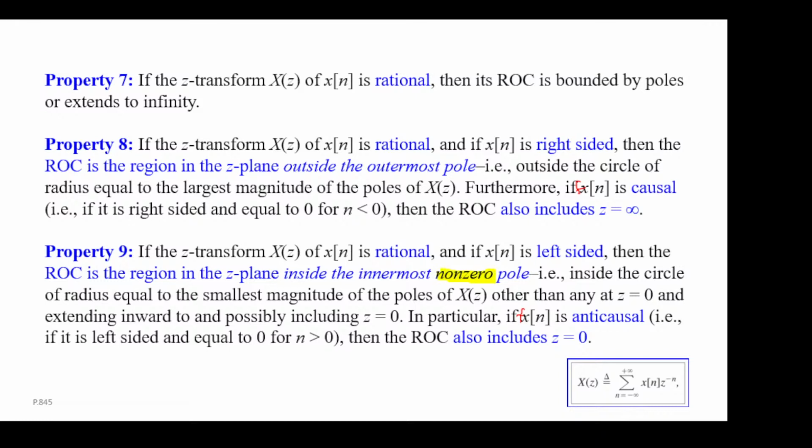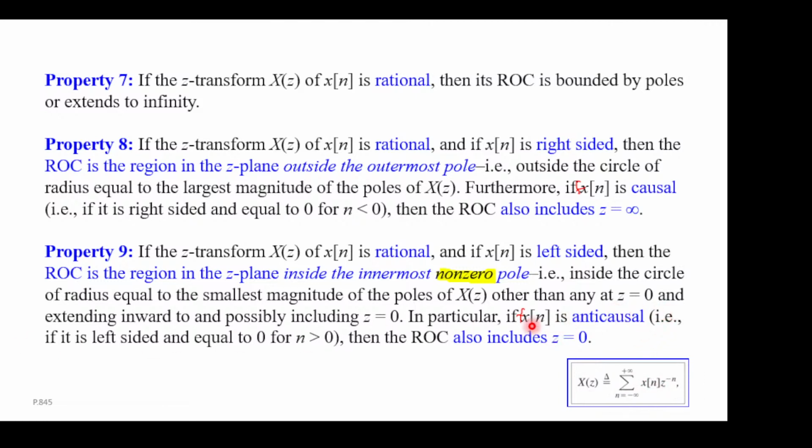So you push towards 0 from the innermost non-zero pole. And also, if you want to include z equals 0, then none of those terms should have positive n.